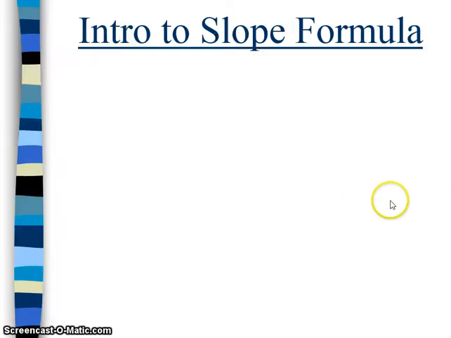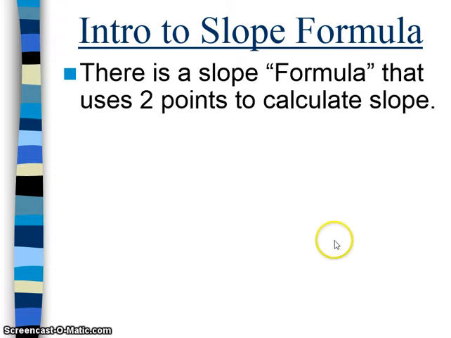So let's intro to the slope formula and have somewhat of a review of slope. There is a slope formula that you can use if you know 2 points in order to calculate slope. So this is the time where the slope formula is useful.